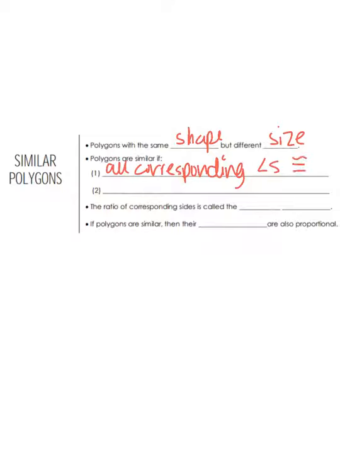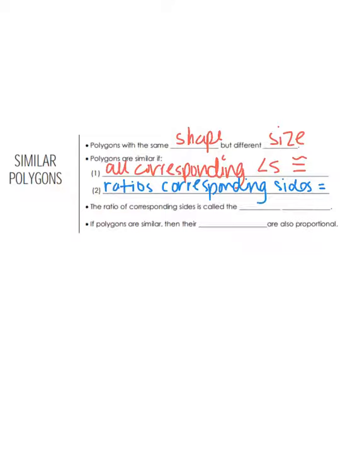And the ratios of the corresponding sides are equal. So all corresponding angles are congruent and the ratios of the corresponding sides have to be equal. And we'll talk about what ratios are in a minute. Corresponding, remember, means in the same position.